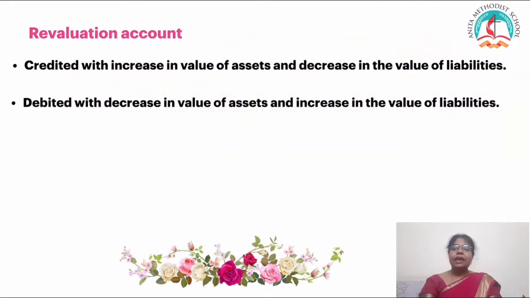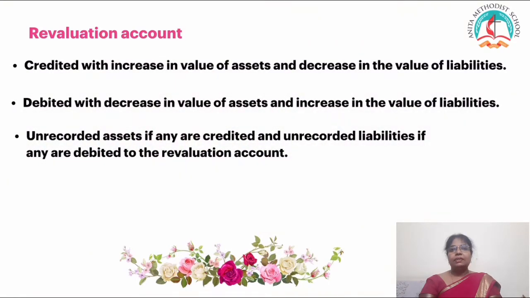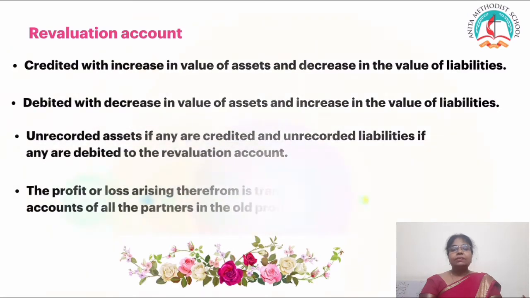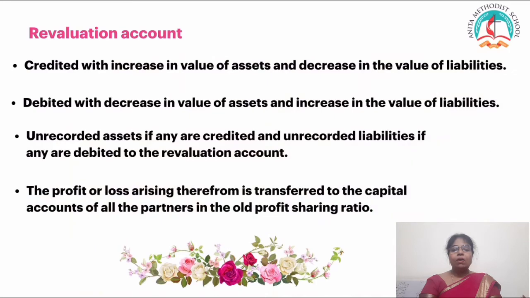If there is any unrecorded asset, it should be credited, and if any unrecorded liability, it should be debited on the revaluation account. The profit and loss arising from the revaluation account is transferred to capital accounts of all partners in the old profit sharing ratio.